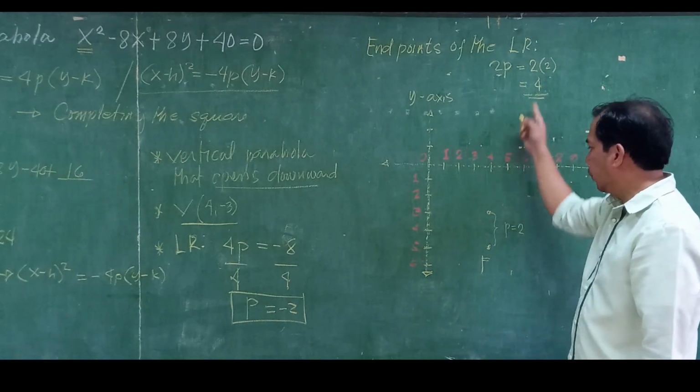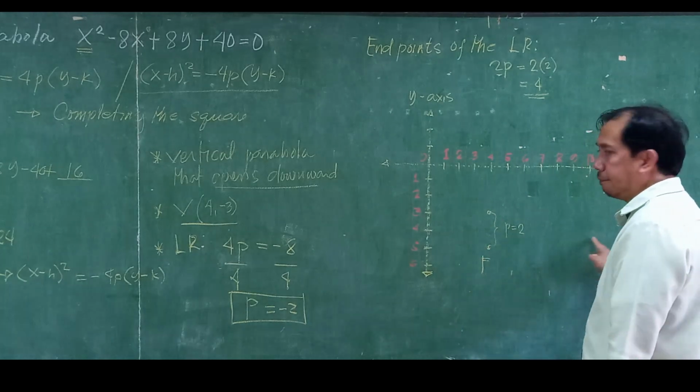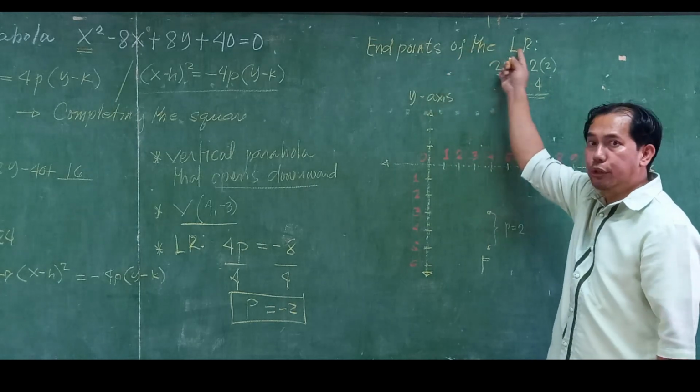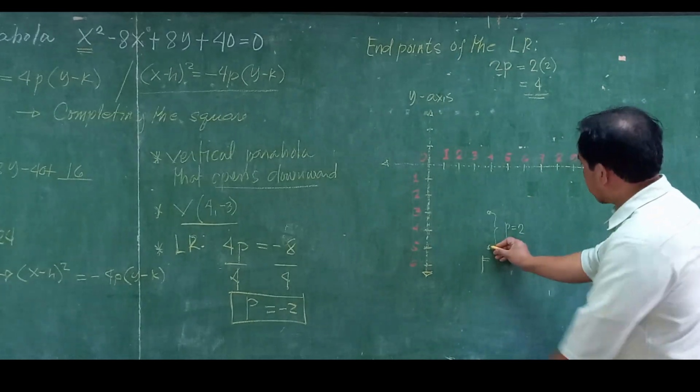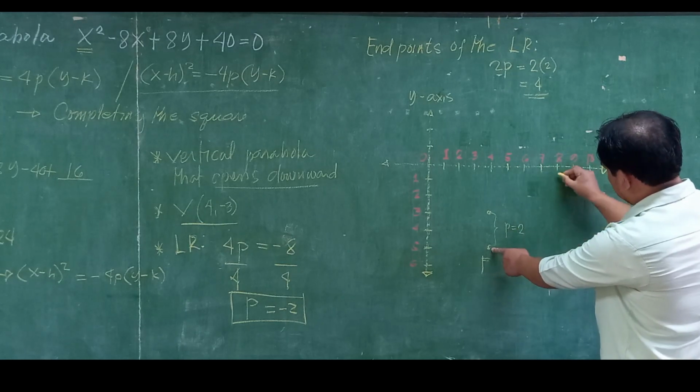Using this, from the focus count 4 units to the right to locate one endpoint of the latus rectum. That is 1, 2, 3, and 4.